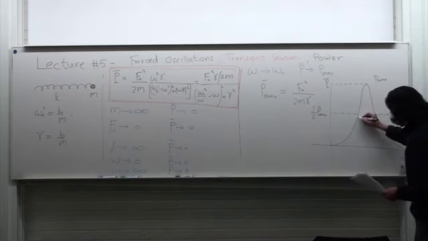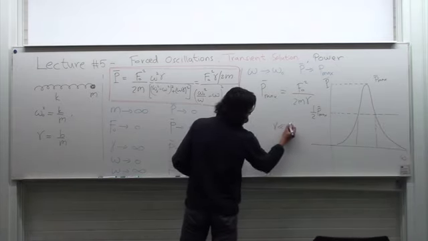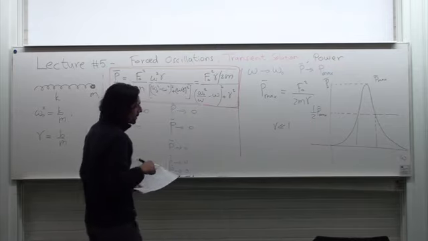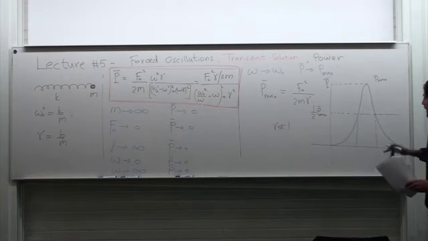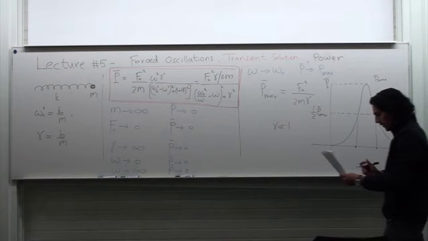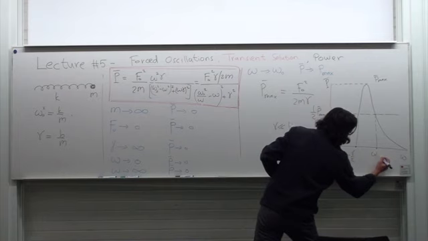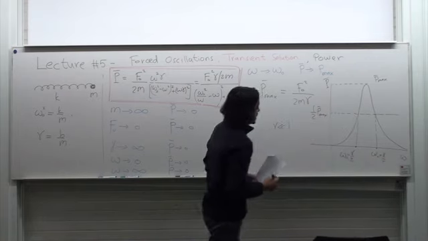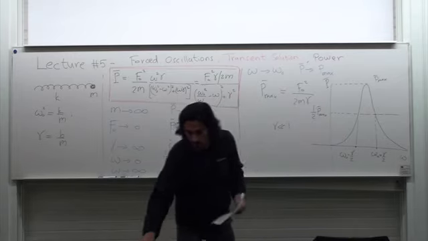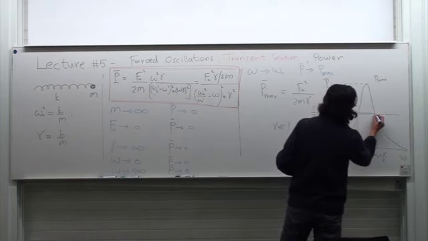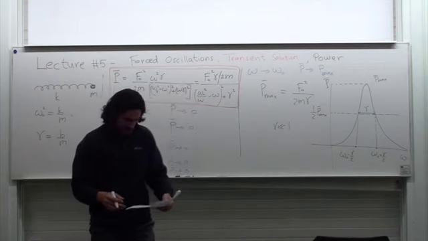At half P max, if gamma is much smaller than 1, the peak becomes very narrow, and at this point here and here, we'd have omega 0 minus gamma over 2 and omega 0 plus gamma over 2. So at exactly half P max, this length here would be gamma, if gamma is very small.